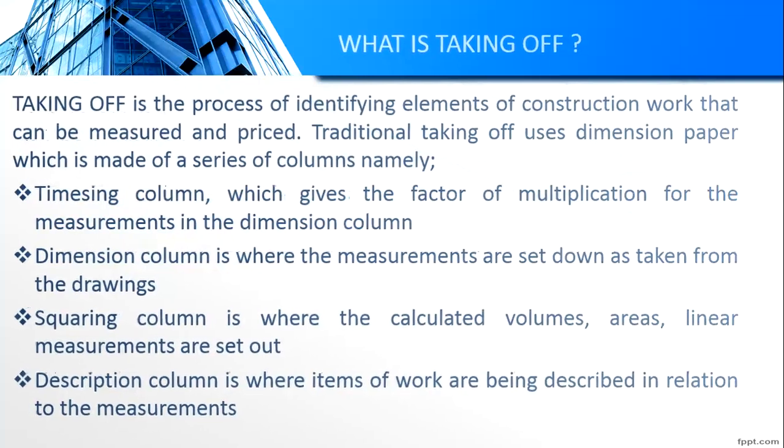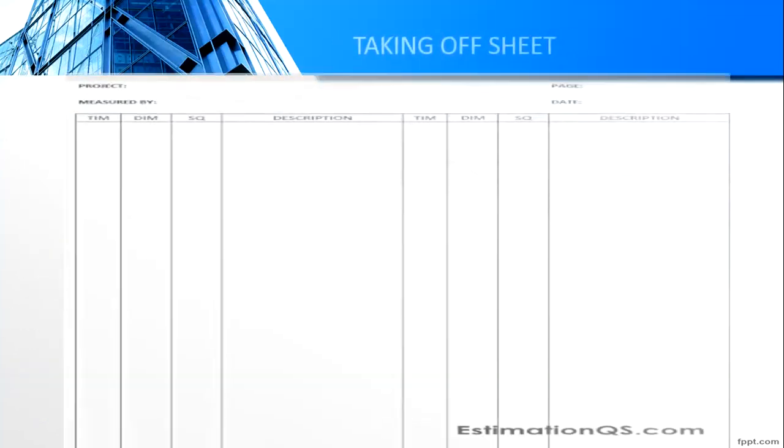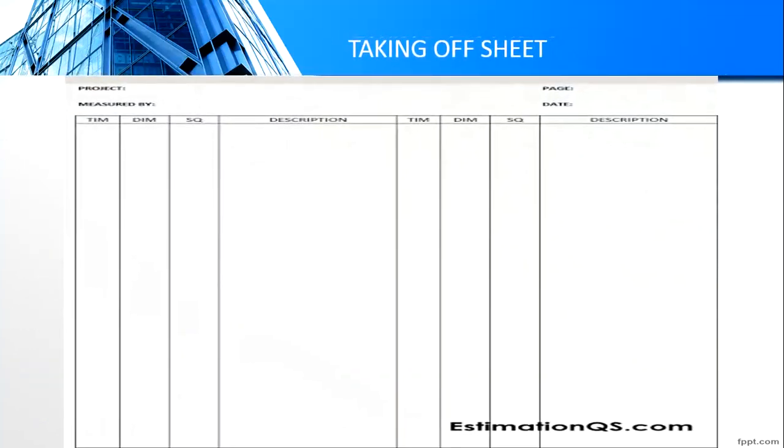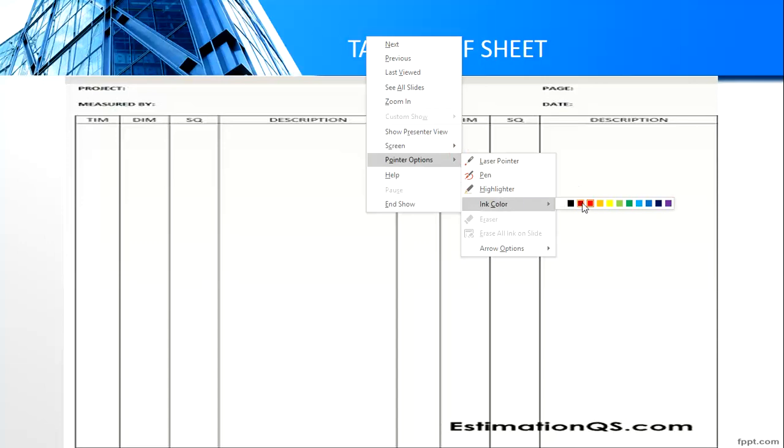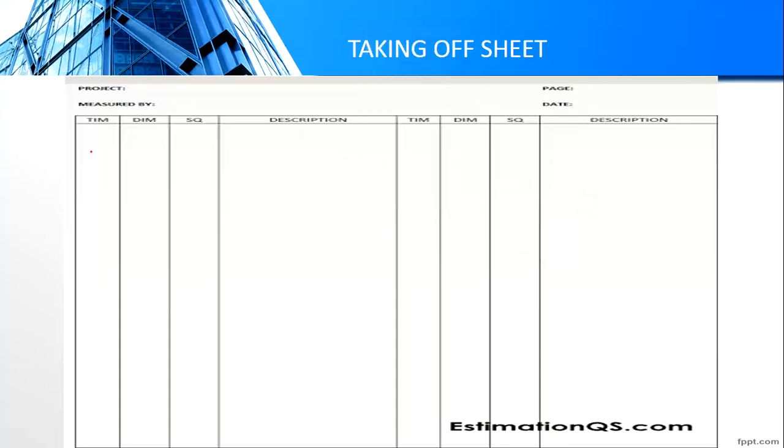So let me show you a taking off sheet. This is a taking off sheet. As I have said, we have four columns. This is the timesing column, this is the dimension column, this is the squaring column, and this is the description column.